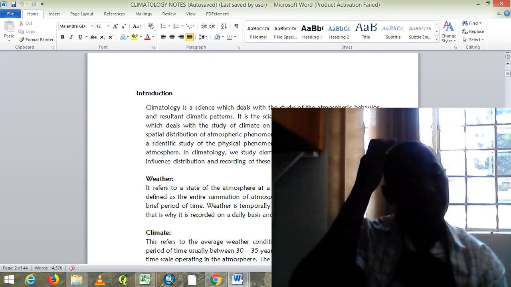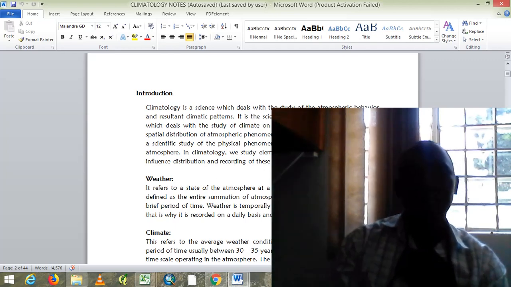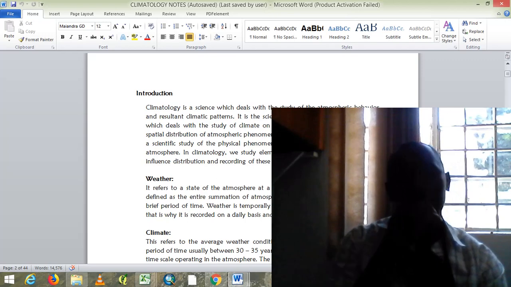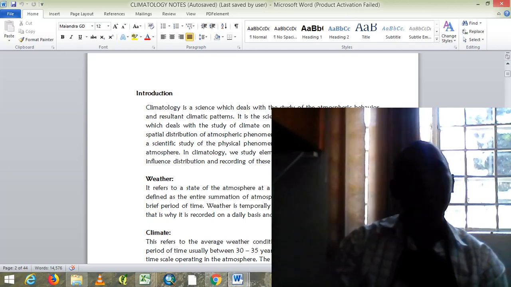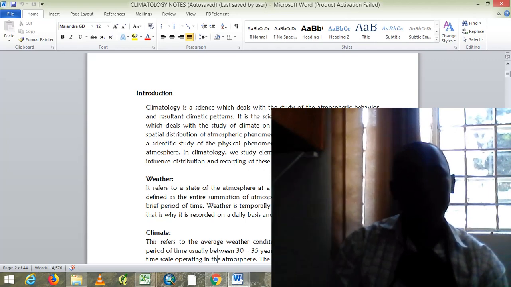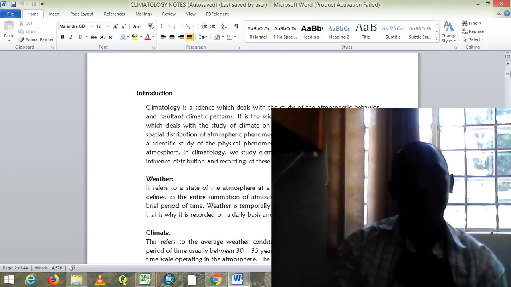Or in simple terms, one would say it is the scientific study of climate, a science that deals with the study of climate on the surface of the earth by analyzing the spatial distribution of atmospheric phenomena. So we realize that here the field of play, the laboratory here, is the atmosphere. That is the focus of the climatologists.